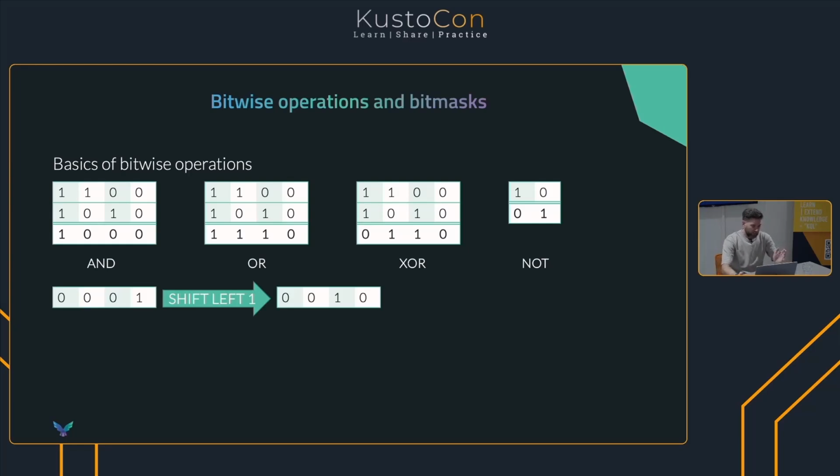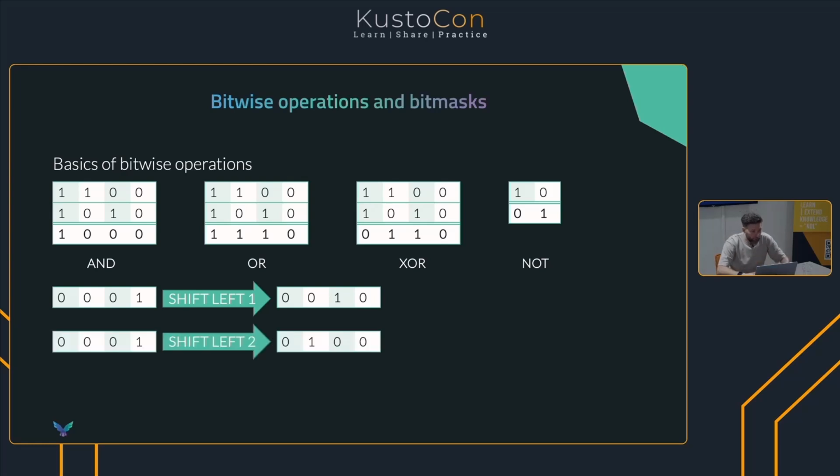Then there is the concept of shifting a bit, which is as simple as it sounds. You can shift left one position, for instance. You can see on the left, we have 3 zeros, then a 1. And on the second side, we shifted it left 1 point, so it moved over 1 field. That's how simple it is. If you do a shift left 2, it moves 2 positions.